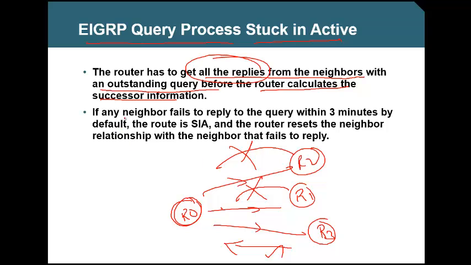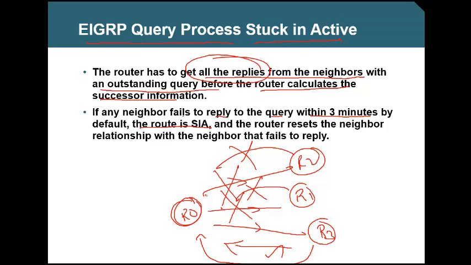If any neighbor fails to reply to the query within 3 minutes, so R2 and R1 have to reply within 3 minutes. If not, the route is stuck in active, meaning the route that you have queried is going to SIA, stuck in active. The route given by router 3 will be used only after these two neighbors are removed from the neighbor list.